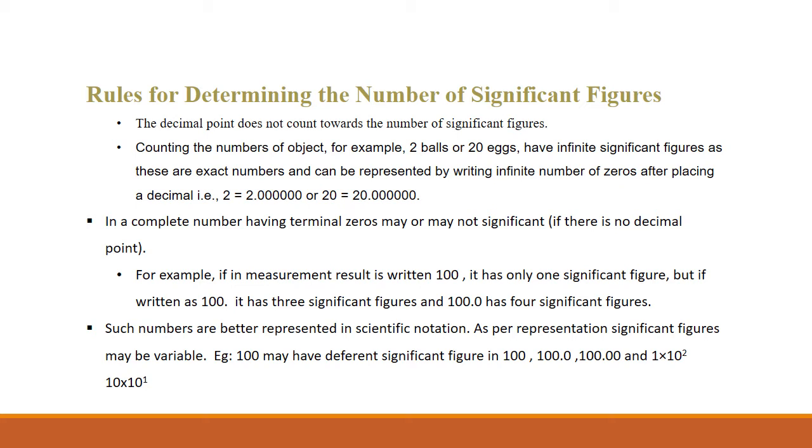Such numbers are better expressed in scientific notation. As per representation, 100 may also be written as 100, 100., 100.0, and 1 into 10 to the power 2. So in all cases, the significant figures will be 1, 3, 4 and 1 respectively.